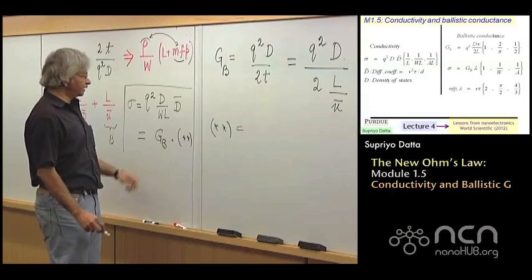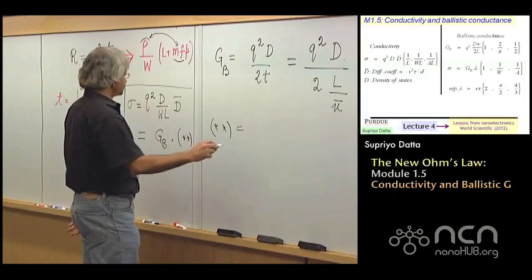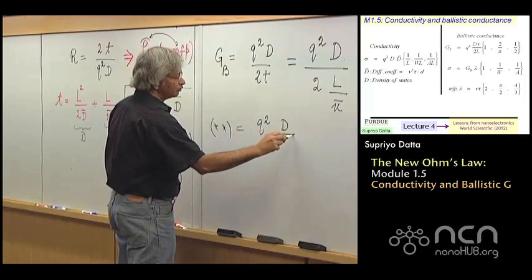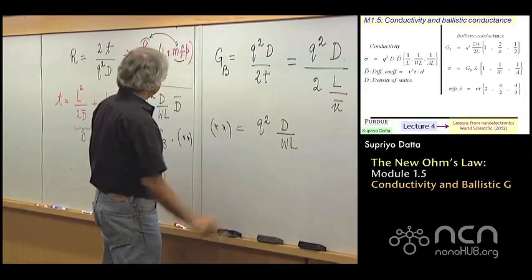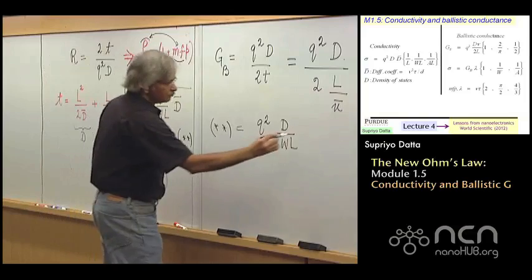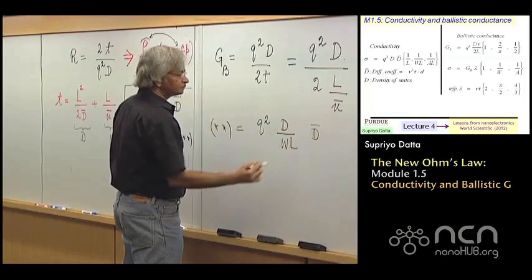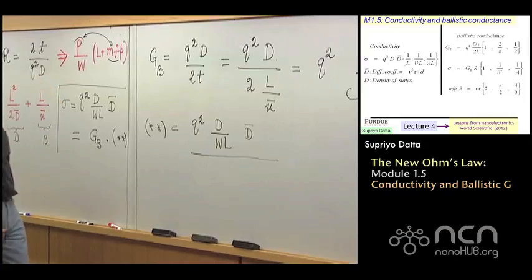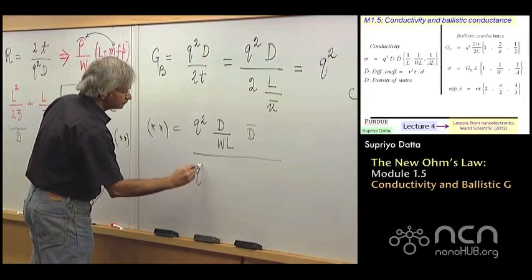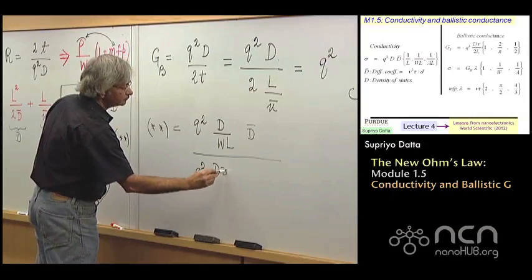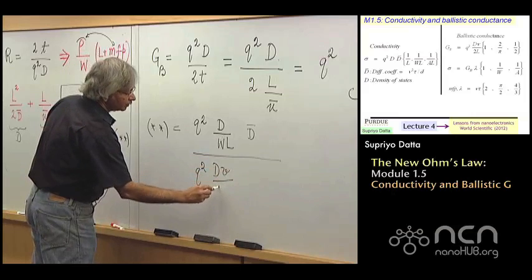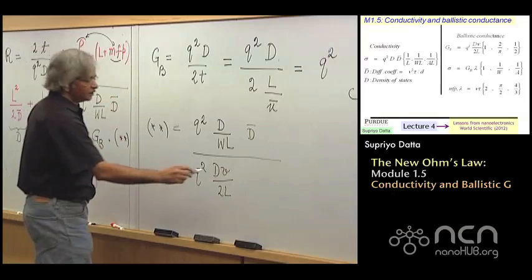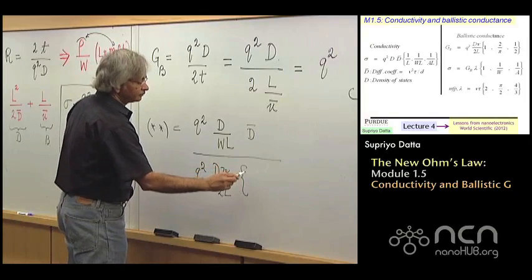So what you get is, the sigma is Q squared D over WL times this diffusion coefficient, and then that's divided by GB, which is Q squared DV over 2L, and then a numerical factor, which in 3 dimensions is 3 different things.